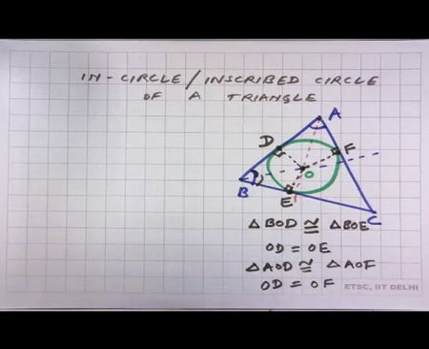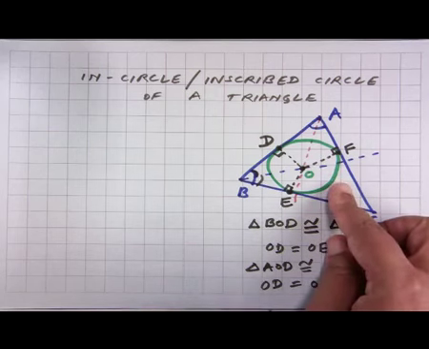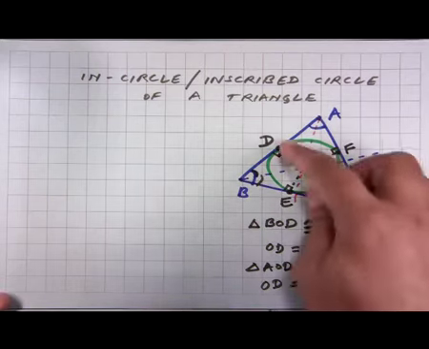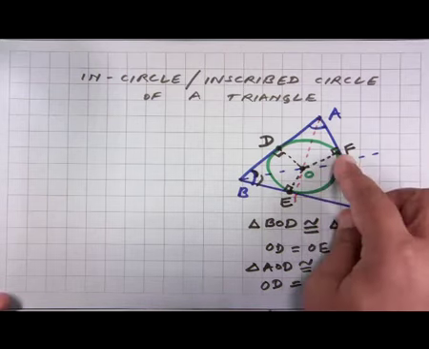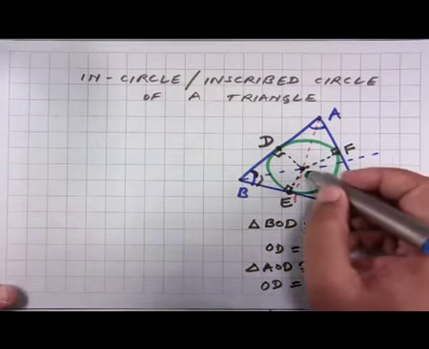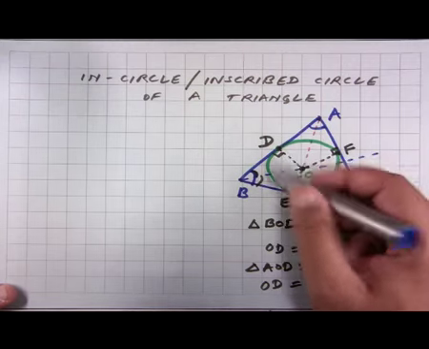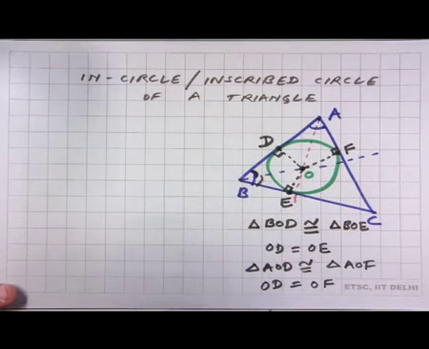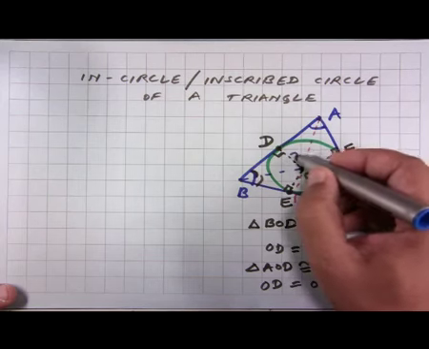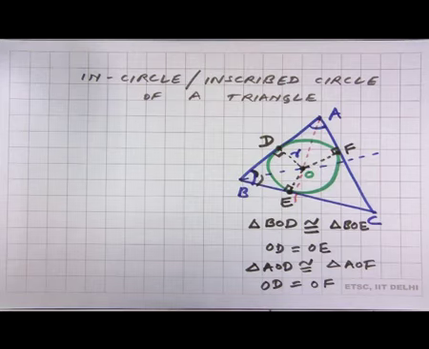This is the circle, and because OD is equal to OE is equal to OF, it is very easy to see that the point O is actually the center of this circle, and in fact OD is nothing but the radius of this circle, which I denote with a lowercase r.